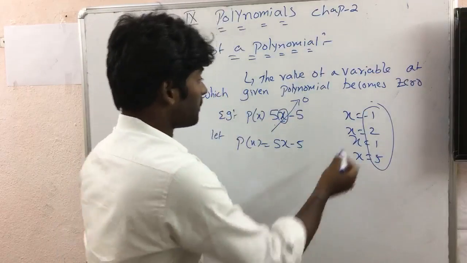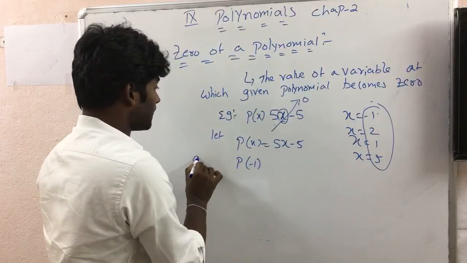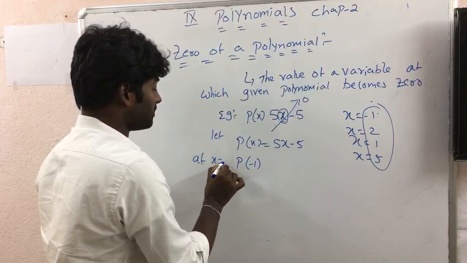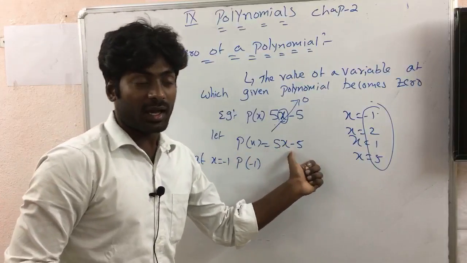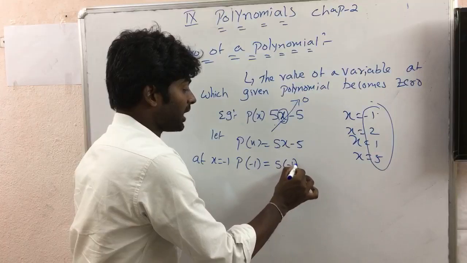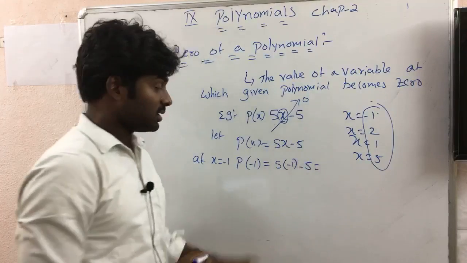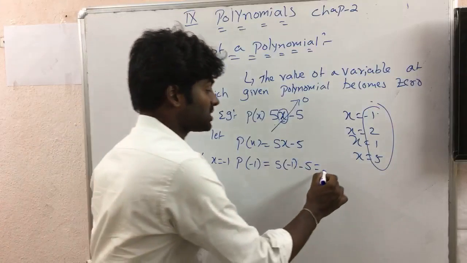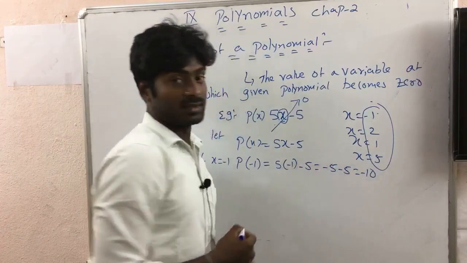Now I am taking x as minus 1. That means p of minus 1. At x equal to minus 1, I am substituting minus 1 wherever I see the x. So p of minus 1 equals 5 into minus 1 minus 5. That means 5 into minus 1 is minus 5, minus 5. The answer is minus 10.